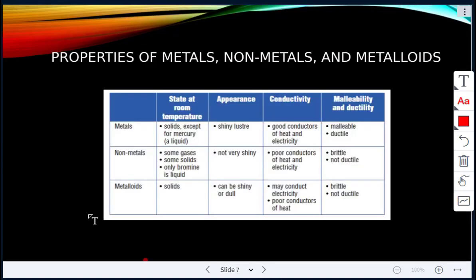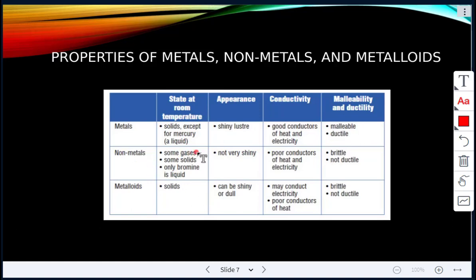I just have a chart here. This chart is a summary of the properties of metals, nonmetals, and metalloids. Again, metals: their state at room temperature, they're solids except for mercury, which is a liquid. They're shiny, they have luster, they're good conductors of heat and electricity, they're malleable and ductile.